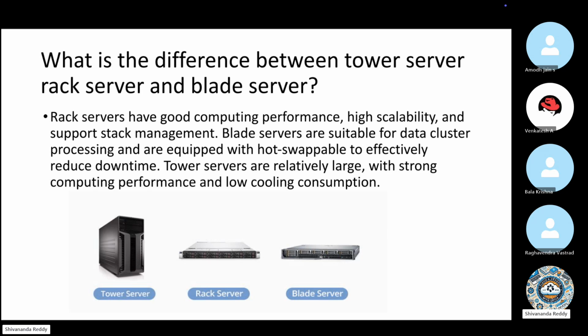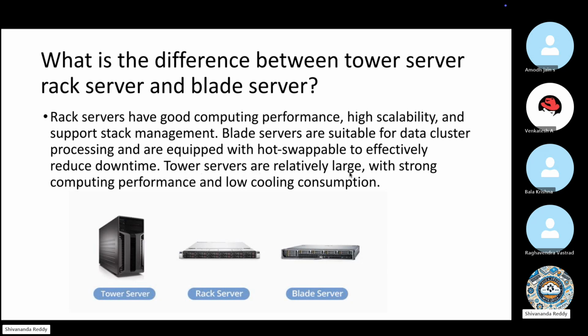Then how do servers look? Look here. What is the difference between tower server, rack server, and blade server? Rack servers have good computing performance, high scalability, and support stack management. Blade servers are suitable for data cluster processing and are equipped with hot-swappable components to effectively reduce downtime.